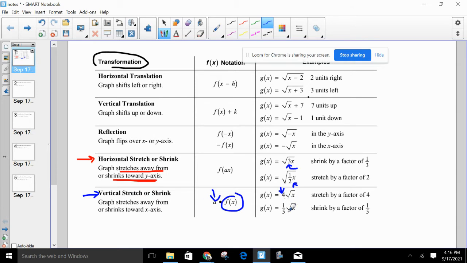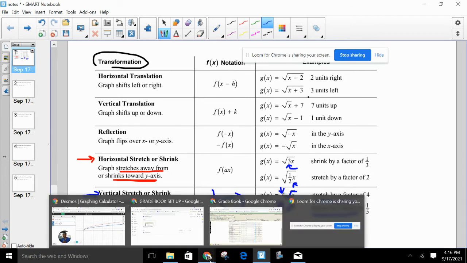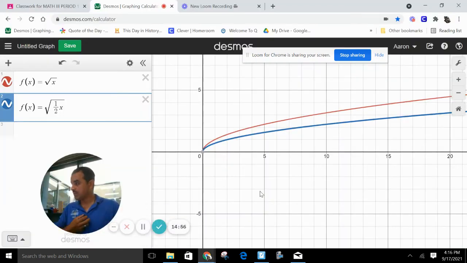Notice, it's going to be a vertical stretch by a factor of 4 and a shrink by a factor of 1/5 if it's outside the square root symbol. In other words, if it's outside, we're dealing with a vertical stretch or shrink. It's going to get farther away from the x-axis or closer to the x-axis. Okay, farther away or closer.